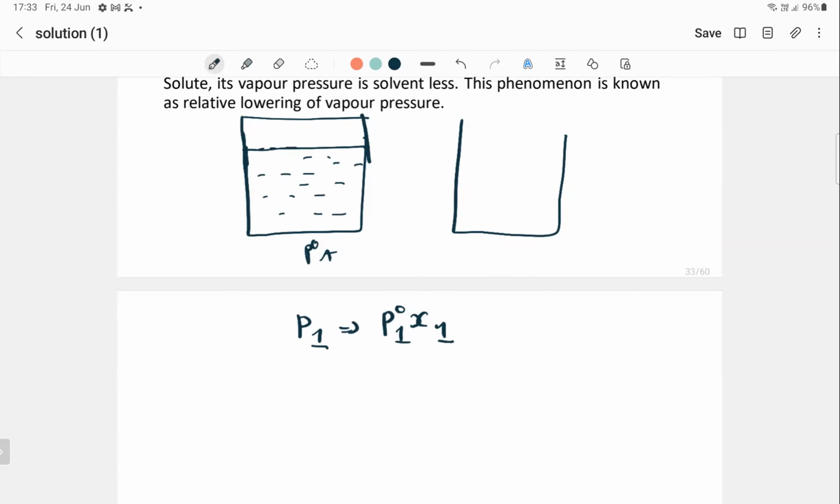P1 is actually the vapor pressure of your solvent in solution. How much amount of solvent will be there? That is, this thing is in pure form.